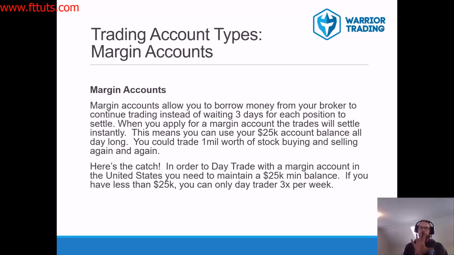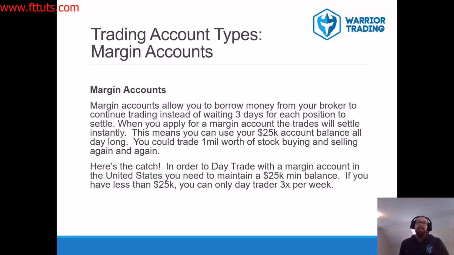But just to give you the understanding right now, when you put in $25,000, and it's almost crazy to explain this to someone who's never heard of it because I don't even know why they do it. It just seems crazy to me. But you put in $25,000 and they're like, we'll take that $25,000 and we'll give you 4 times leverage. So now with a $25,000 account, you have $100,000 in buying power.